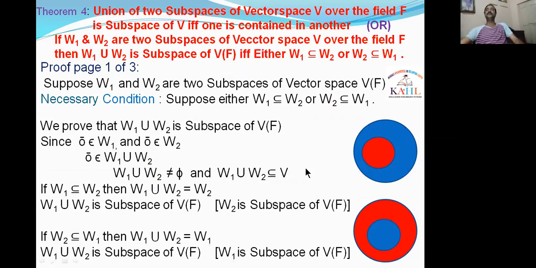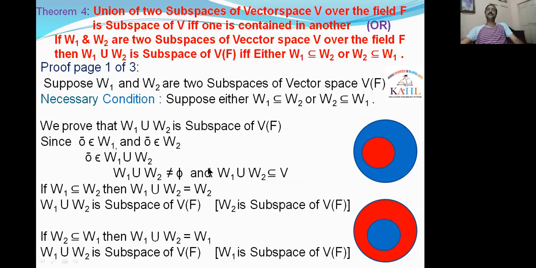W1 is contained in W2 means W1 is a set in W2. Then what happens if we take the union of these two sets, W1 union W2? Then it gives W2 only. If we add these two sets, then W2 is the set. The union W1 union W2 gives W2.